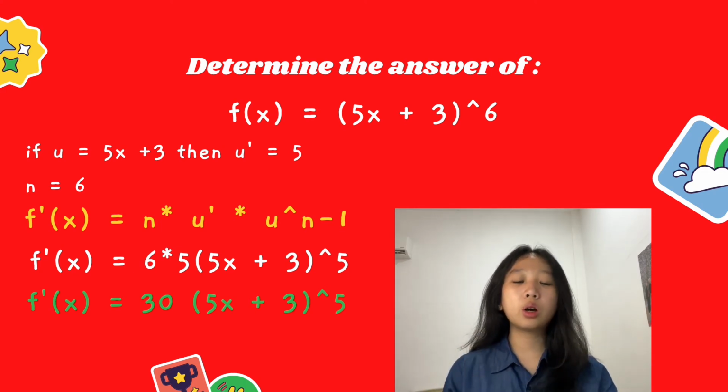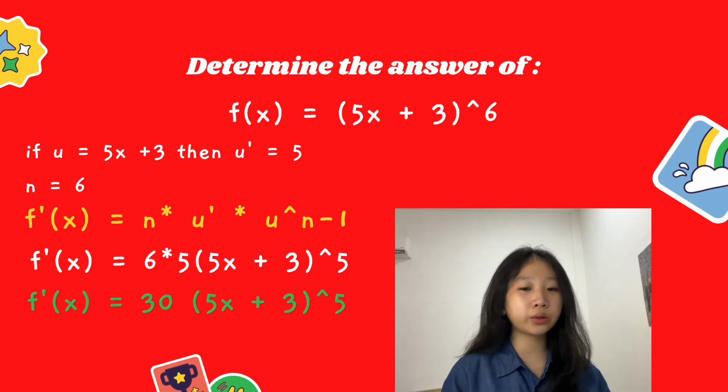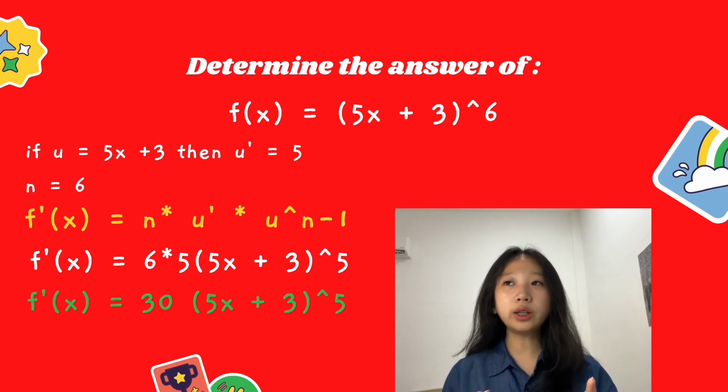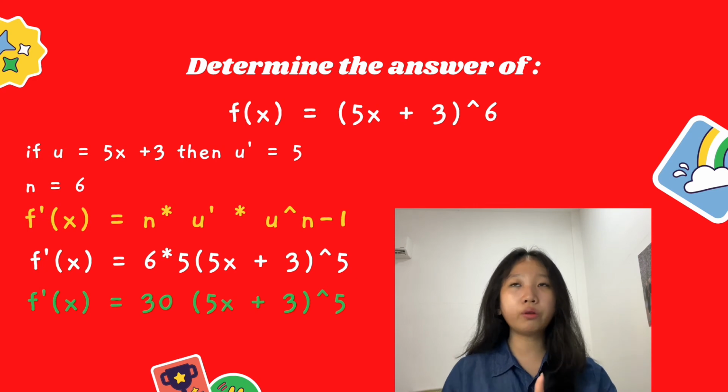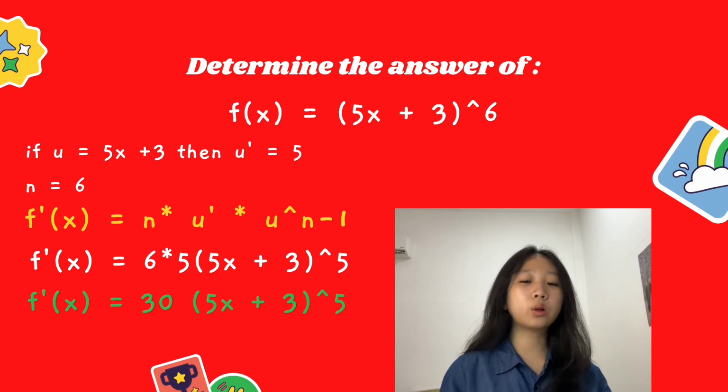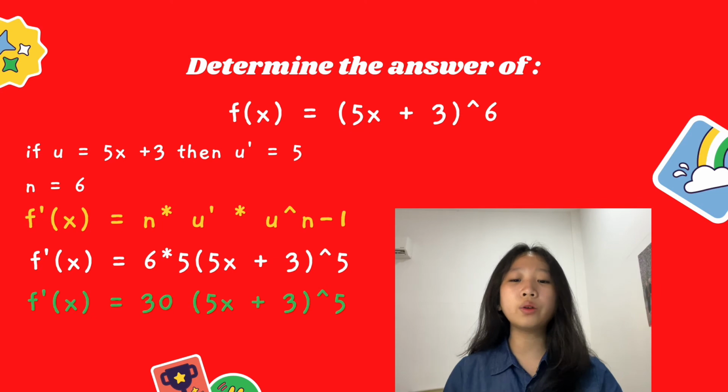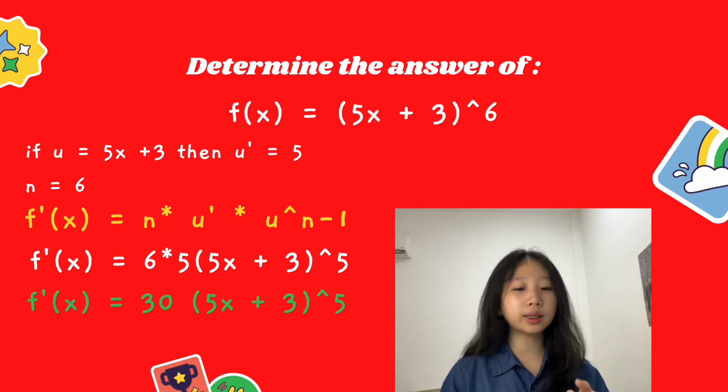For the last example of this first derivative function, we're going to make the expression itself into u. So u equals 5x plus 3, and we're going to find its derivative, u accent, which equals 5, and for n we're going to enter 6. For this solution we're going to use the function f x accent equals n times u accent times u, and for the power it is n minus 1.